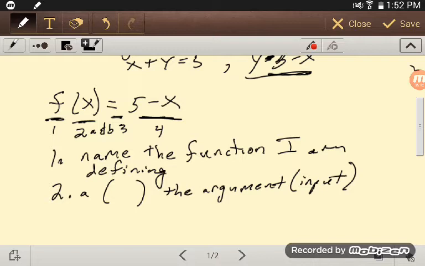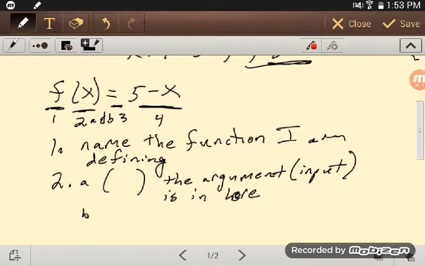The argument or input is in here. And then B, the x part is the argument or input.